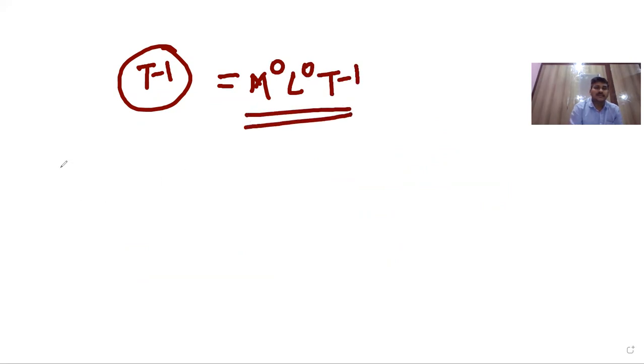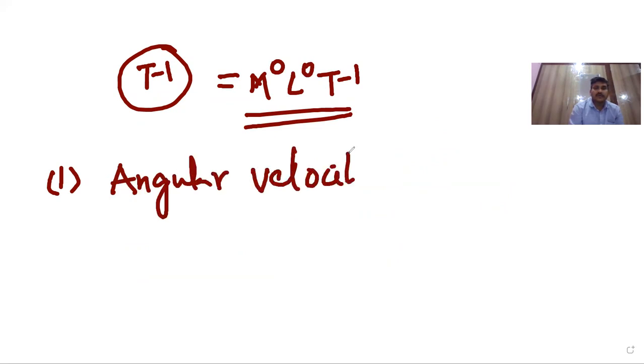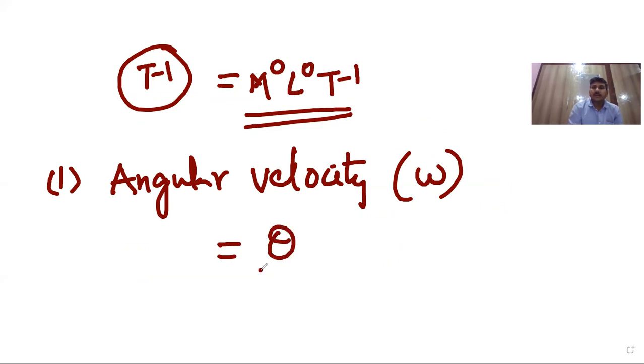First, let me take up the first quantity, angular velocity, omega. Here it is simply defined, as we have seen in the previous class, as angular displacement theta by the time t.